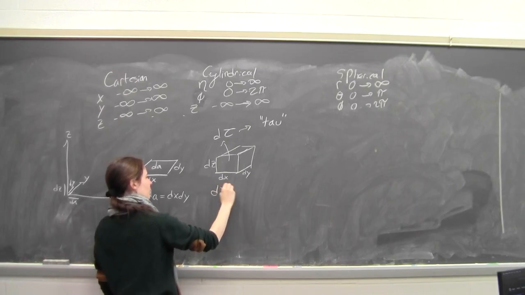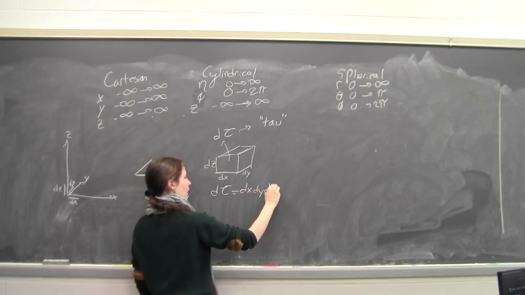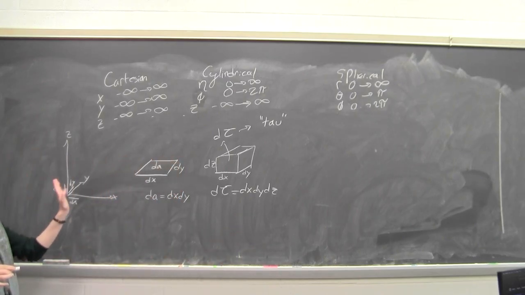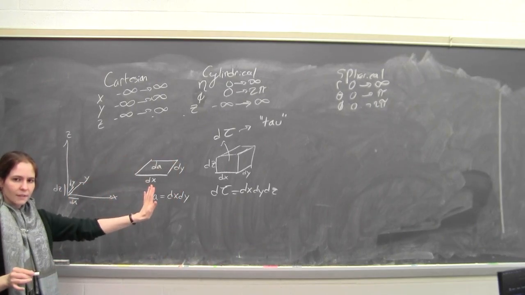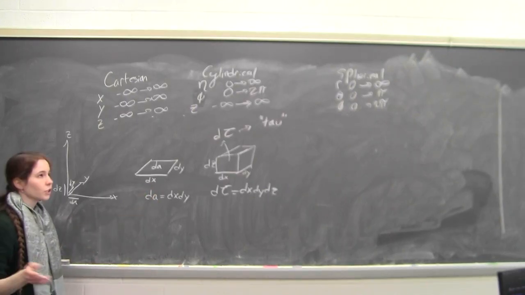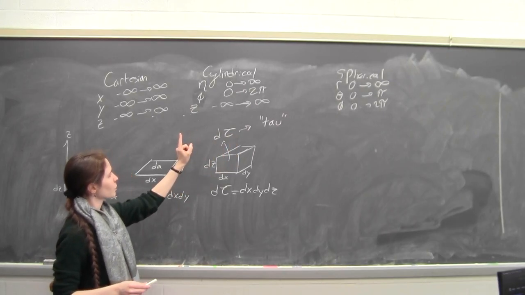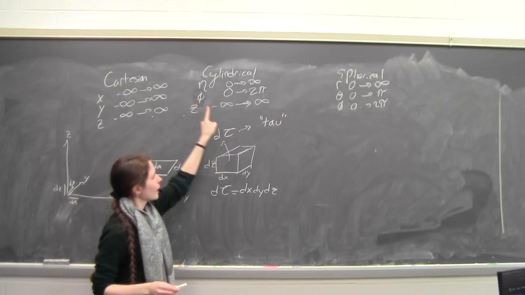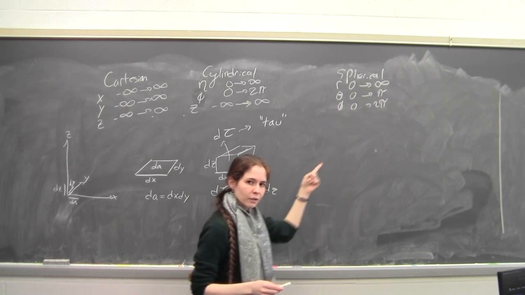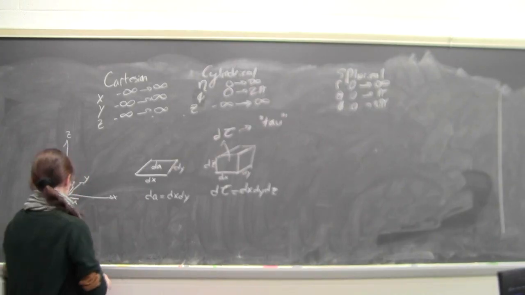And so our little bit of volume d tau is just dx dy dz, because this is a little cube. So in Cartesian coordinates, this is not too challenging. It becomes a little bit more challenging in cylindrical and spherical coordinates. One of the reasons it's more challenging is that phi, theta, and phi again don't actually have units of length. You'll see what I mean about that in a second.